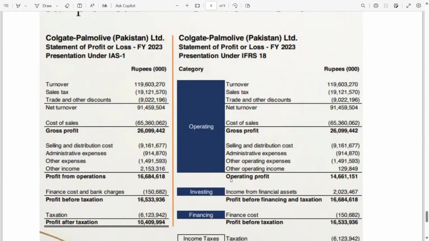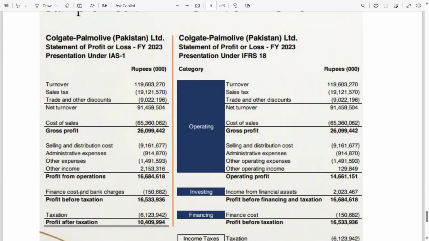Now, in the end, we have operating profit as per IFRS 18, but as per IAS, we have profit from operations. Now, finance cost and bank charges. Look, the thing which I have discussed earlier. But now, as per IFRS 18, the category is investing, in which income from financial assets. If there is an income from the financial asset, then we have to categorize it first, before the financing.